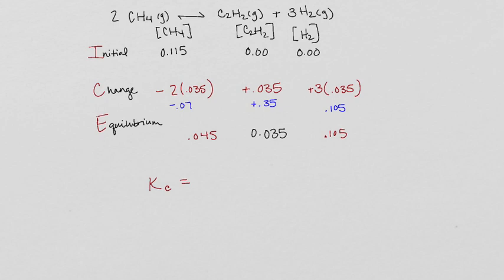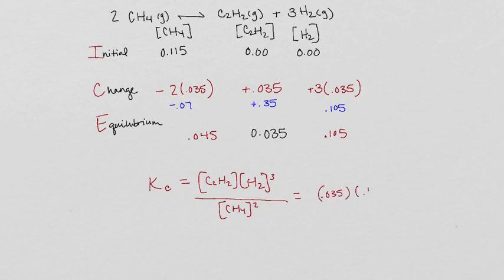So we have C2H2 times our H2 cubed divided by CH4 squared, which is 0.035 times 0.105 cubed divided by 0.045 squared, and that equals 0.02.